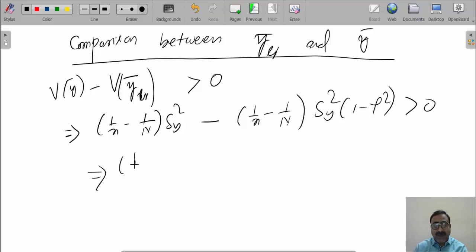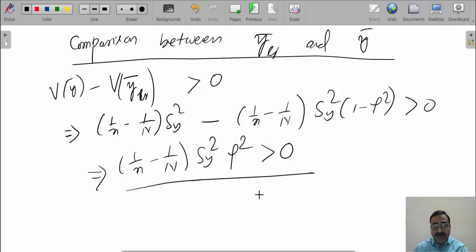That implies (1 by small n minus 1 by capital N) Sy square rho square is greater than 0. Now this is always true.